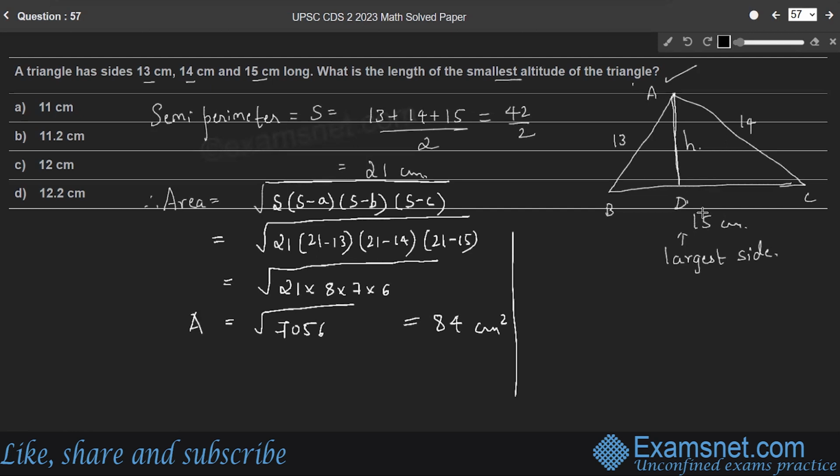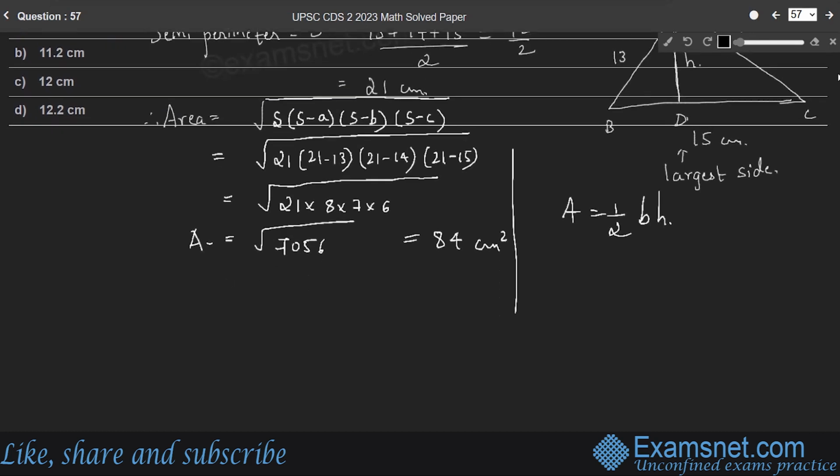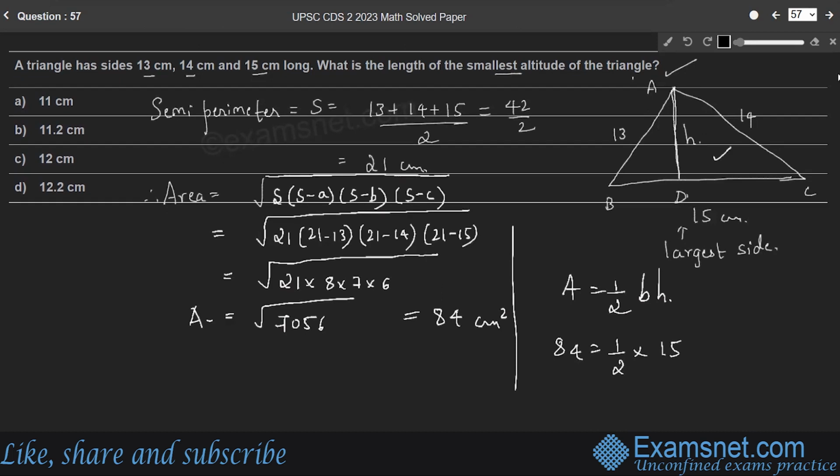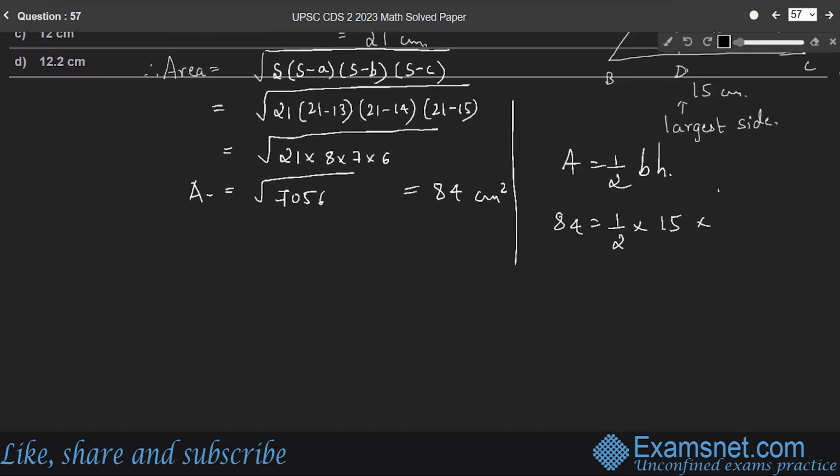Area is 84 centimeter square, and area is half into base into height. Another formula based on height and base: it is half into base into height. Therefore, 84 is equal to half into base, which is 15 centimeter, into height. With respect to the smallest altitude, its base is 15 centimeter. Therefore, H is 84 into 2 by 15, right?